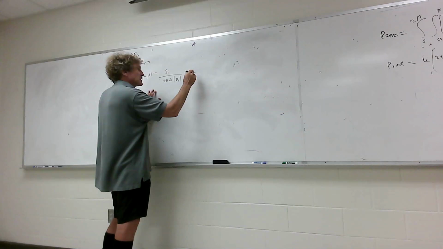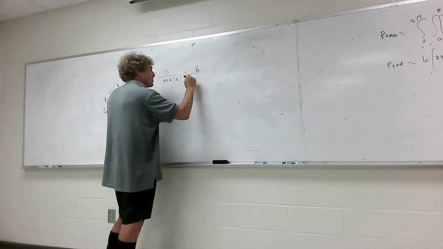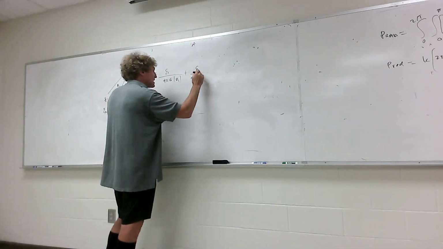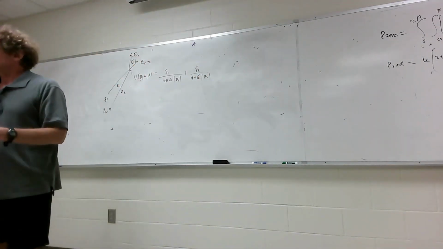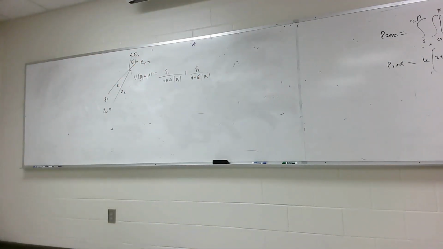And then the voltage from the other one, Q2 over 4 pi epsilon naught times the magnitude of R2, right? Now you would have R as a variable that could vary with position. And it could be an angular function too.